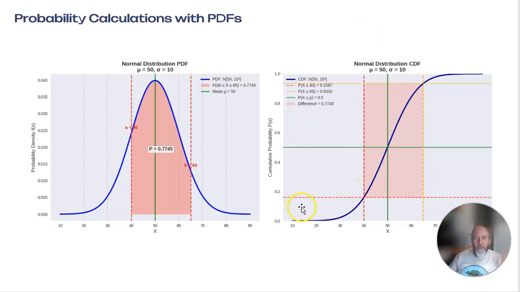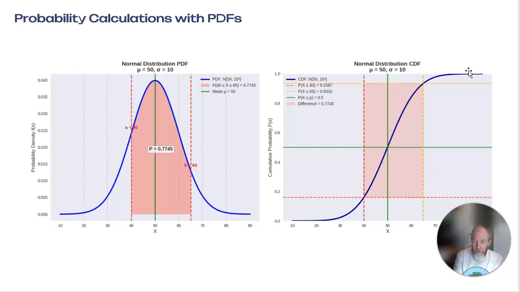And over here you can see the exact same thing on the cumulative distribution function, which is essentially the same as what you had seen with the cumulative for discrete values, but now it's accumulating the probabilities.